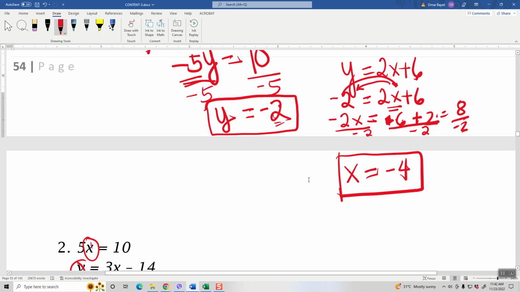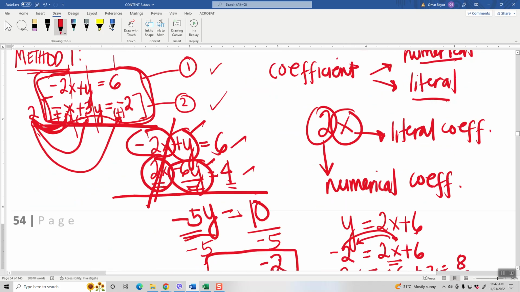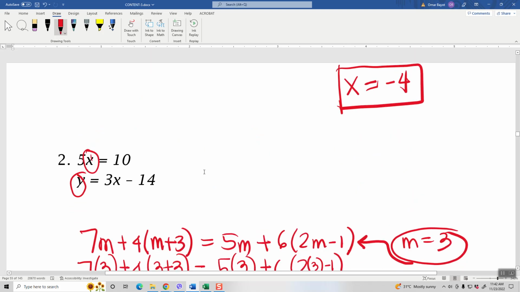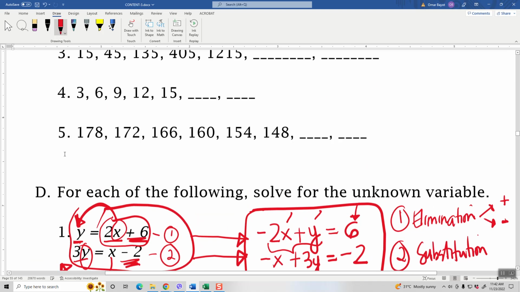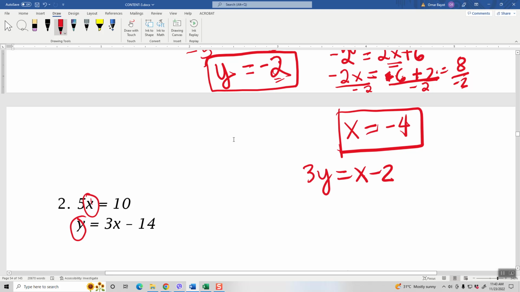So again, we will use the same itong 3y equals x minus 2, no? 3y equals x minus 2. Okay. So, tingnan natin kung mailalabas pa rin natin x equals negative 4 using itong y na to, no?